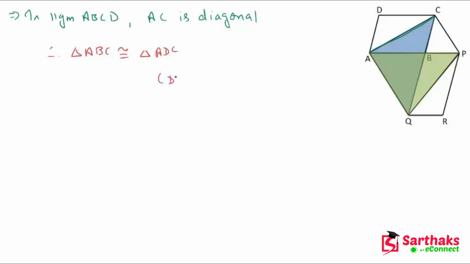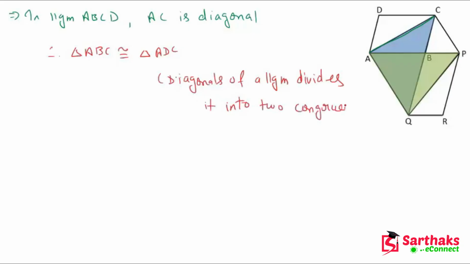We can write: diagonals of a parallelogram divide it into two congruent triangles. I hope, my dear friend, you understand these things.